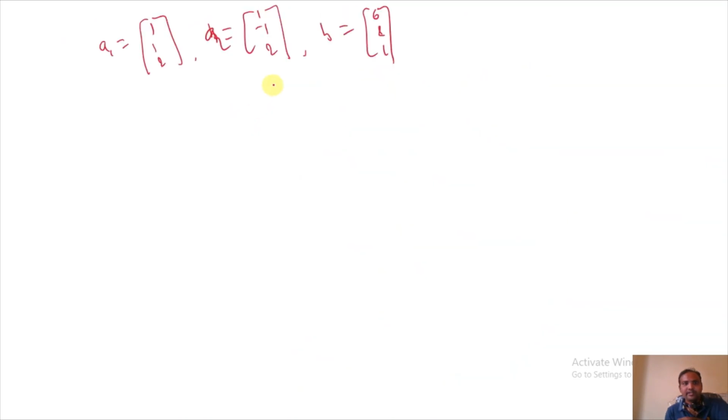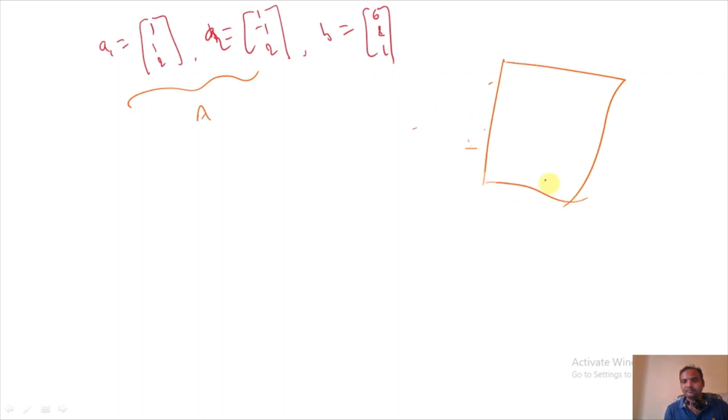See, now I just gave an idea of what that means. Suppose we write the vectors a1, a2 and b; this is the matrix A, with columns a1 and a2, and the b vector. That means the b vector is not in the column space, b is outside of that.